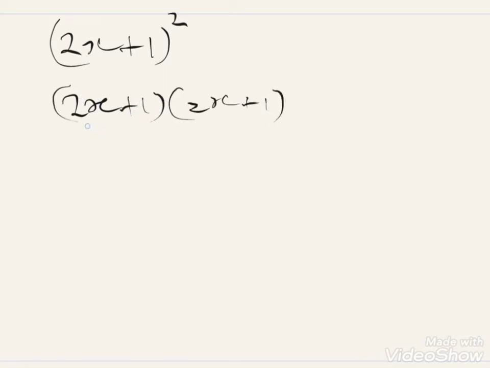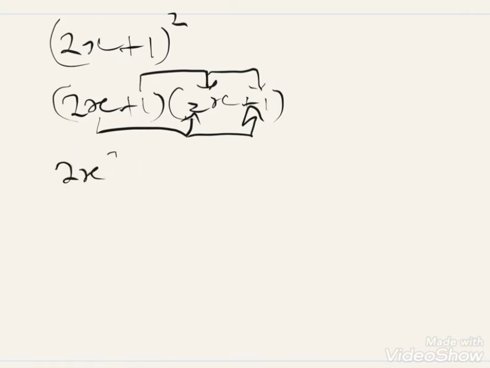So we shall use this to multiply this, and again use this to multiply this. From the first one, I have 2x bracket 2x plus 1, and again plus 1 bracket 2x plus 1.